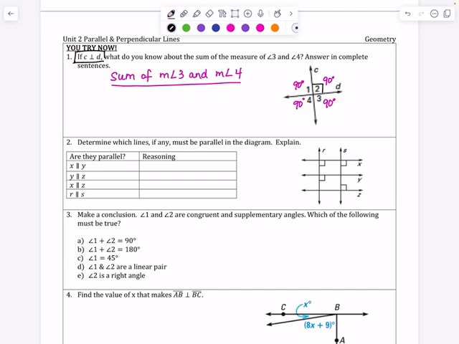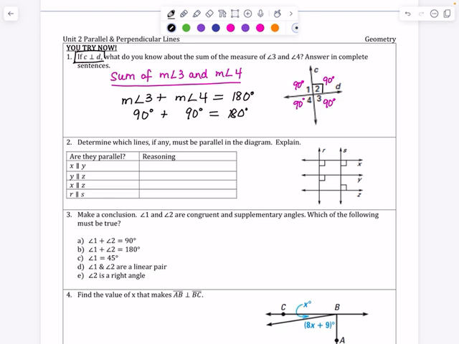I can look at my diagram. I labeled my diagram. I'm going to say the measure of angle 3 plus the measure of angle 4 is going to equal 180 degrees, because I know 90 plus 90 is 180 degrees.